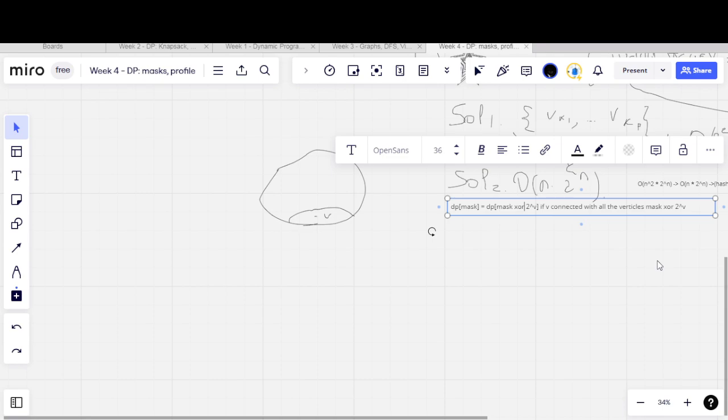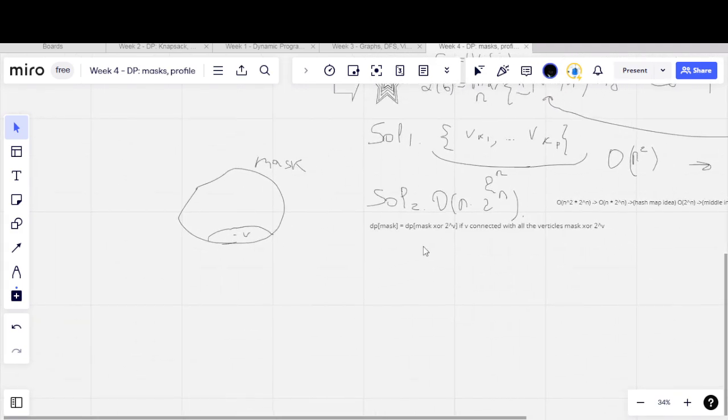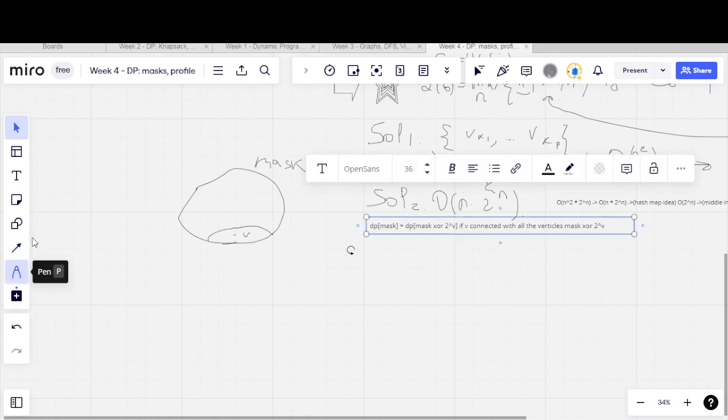So we iterate through all these vertices, and for every clique we can calculate this condition for all n.